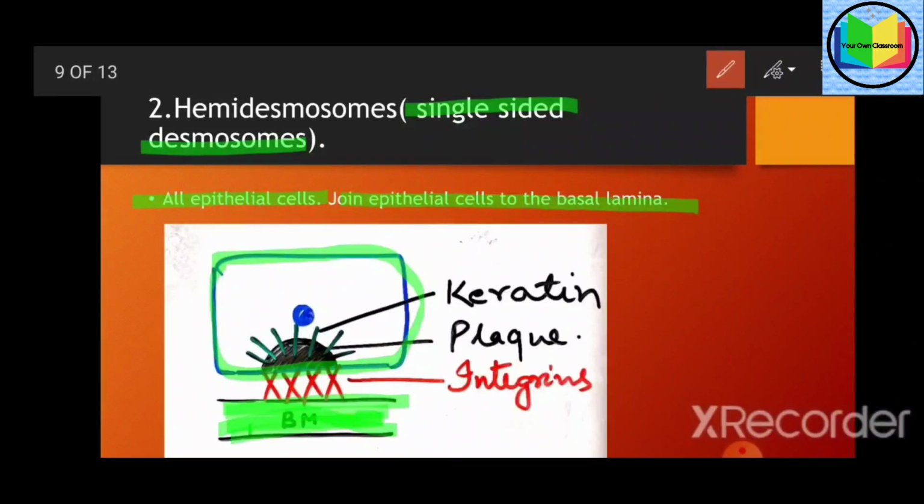The cell is connected to the basement membrane with a half desmosome-like structure. This is a protein plaque, and from the protein plaque keratin microfilaments are projecting out. The plaque is attached with adhesion proteins called integrins, which help in the attachment of these cells with the basement membrane.